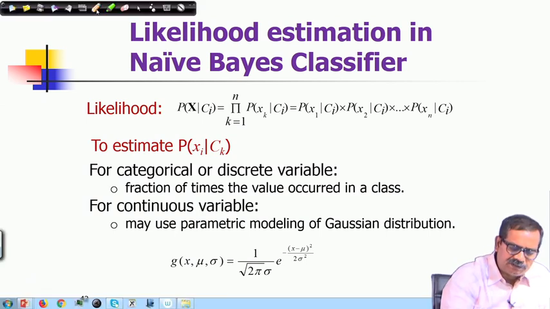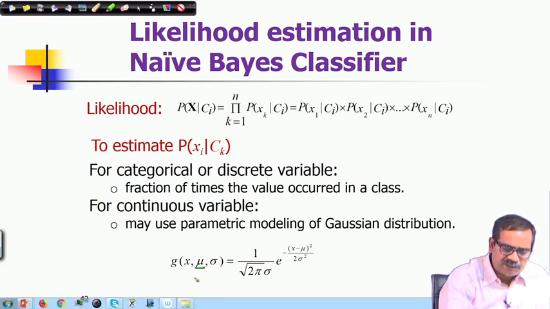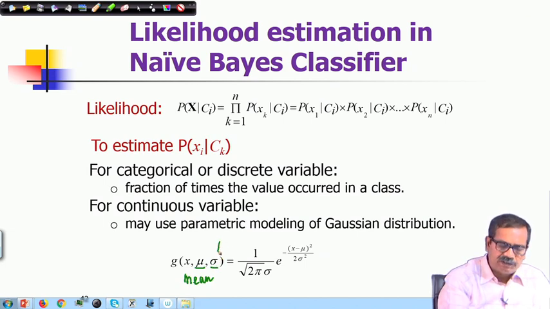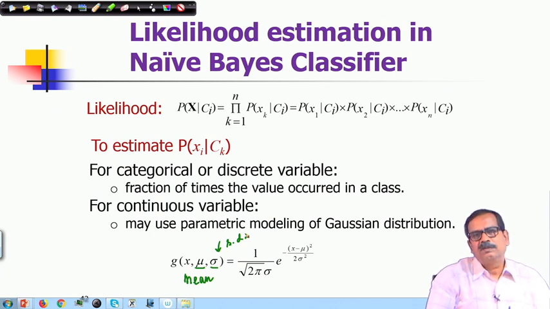One parameter is mu, which is called the expectation of this distribution, or in simple layman's terms we can call it the mean, and this is sigma, which is the standard deviation of this distribution. So, given the data you can always estimate these values, the mean and standard deviation.